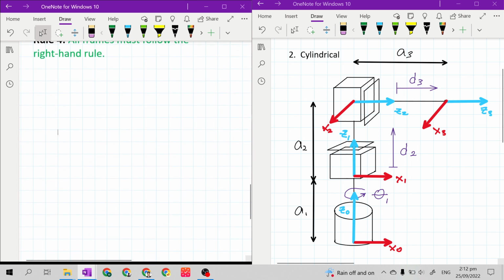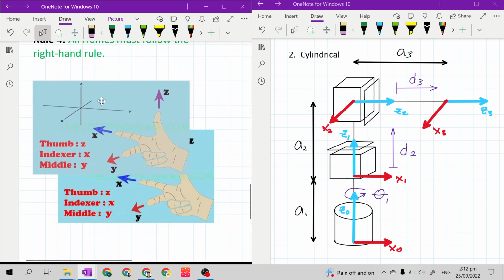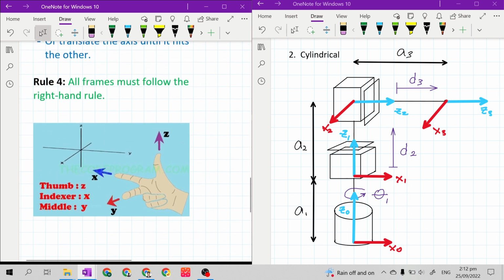Okay. In the right hand rule, the z-axis is the thumb, the x-axis is the pointing finger, and the y-axis is the middle finger.